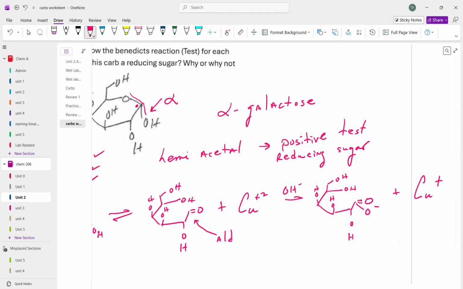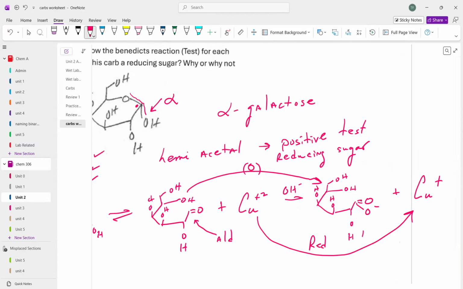Copper 2 goes to copper 1 through reduction. The aldehyde goes to the acid salt through oxidation, and they have to happen together, no exceptions.